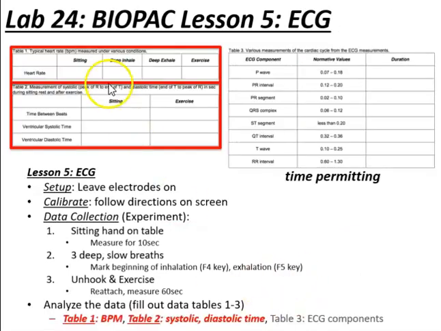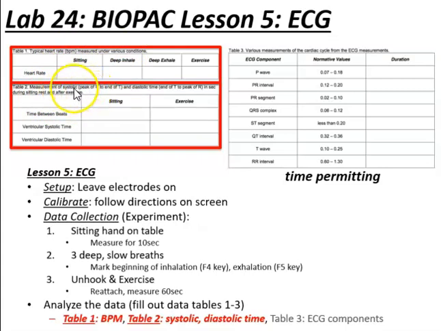This next slide, we want to just concern ourselves with the box in red. So we want to compare the typical heart rate measured under various conditions, as well as measurement of the systolic peak.